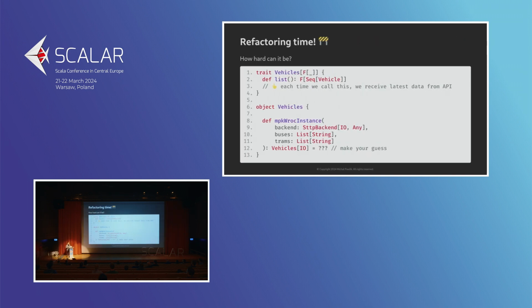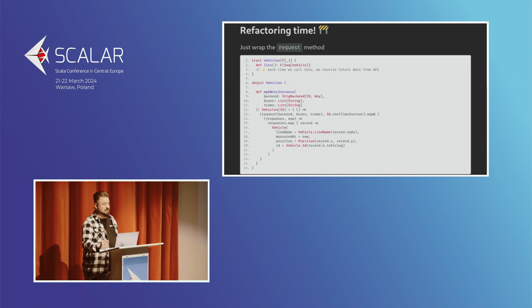So we basically need a method that will create an instance of this vehicle service. And we need to come up with the implementation. This is not a live coding session, so I can just switch slides. And you can see that we basically execute the request along with capturing current time because we need the time of measurements that is not provided by the API.